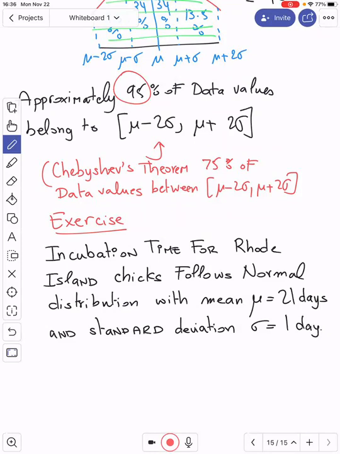All right, so let's say you have 1,000 eggs being incubated.